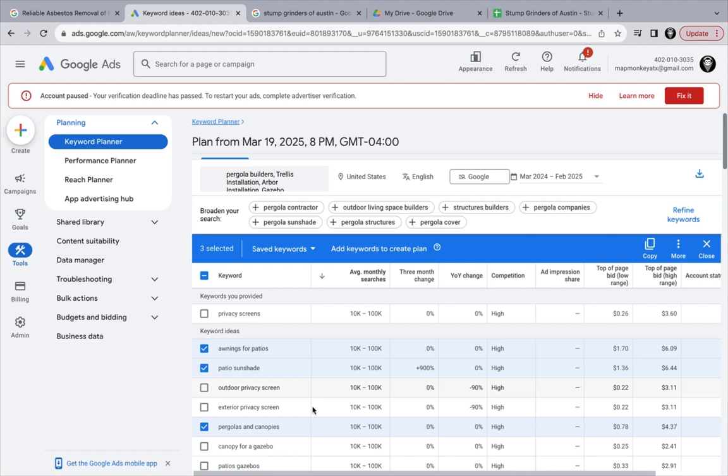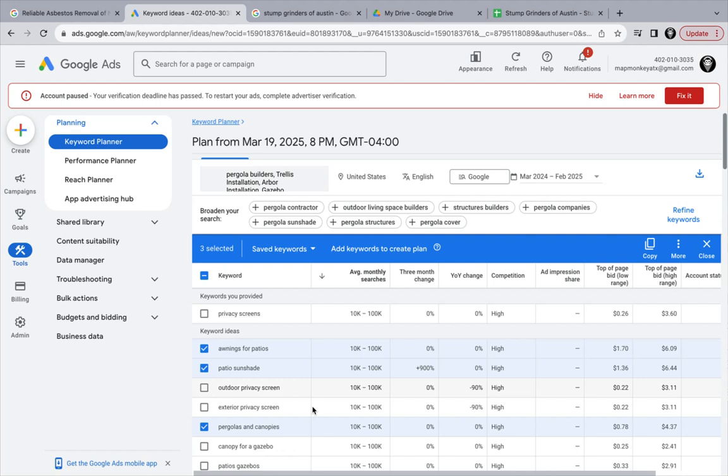Before you even name your business, you want your Google business profile to have all of these keywords. You don't want to spam it out. You want it to look natural, but you want to have the keywords. So ideally, before you even name your business, you are learning what keywords are the highest volume.